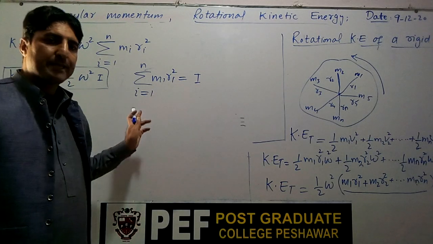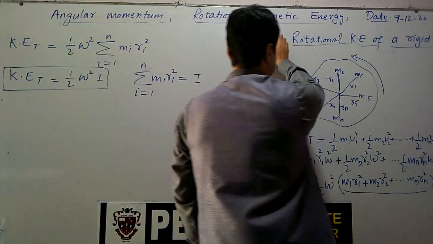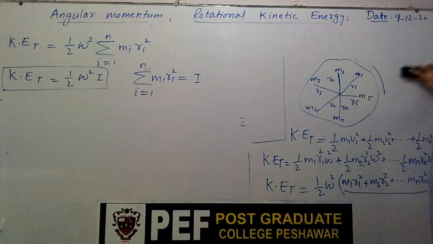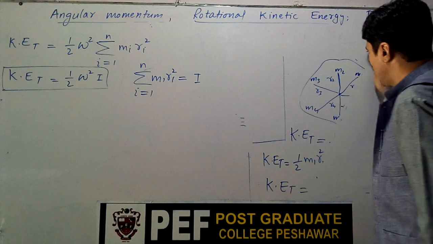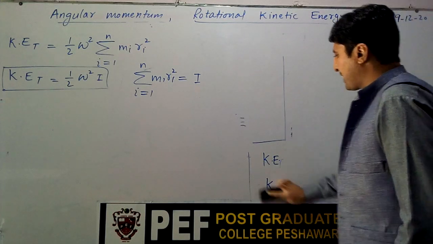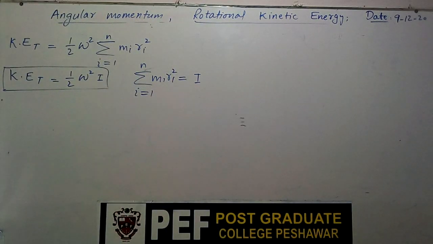We can apply this rotational kinetic energy to a disc and hoop system. Say suppose a hoop and a disc roll down an inclined plane, then which one will reach the ground first?